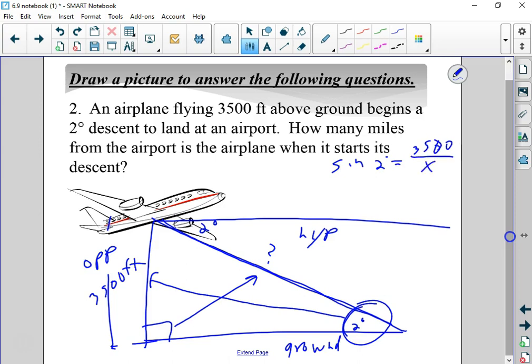Now remember, the trick here is to switch places. So x is equal to 3,500 divided by the sine of 2. So we'll just do that. 3,500 divided by sine 2 degrees equals.